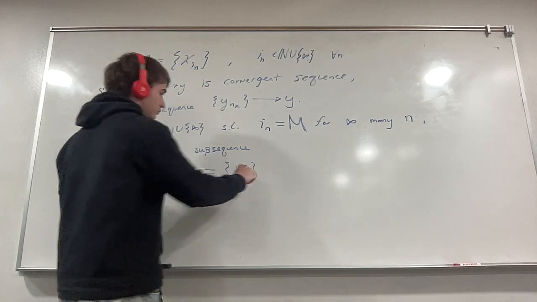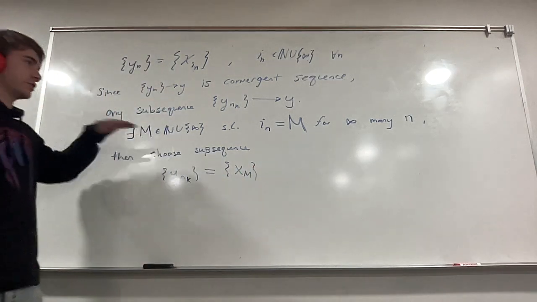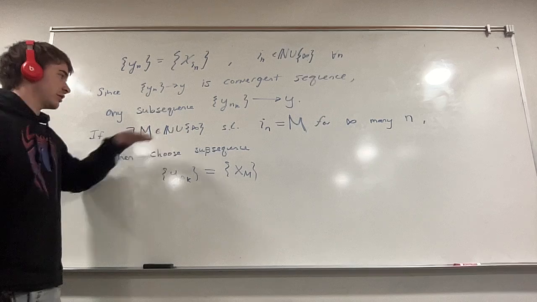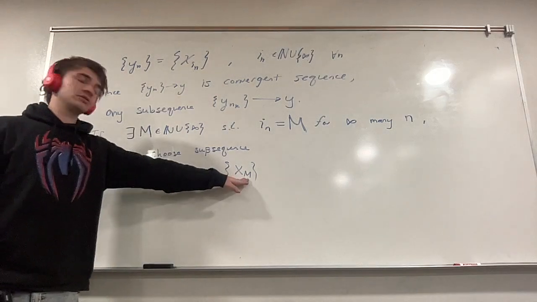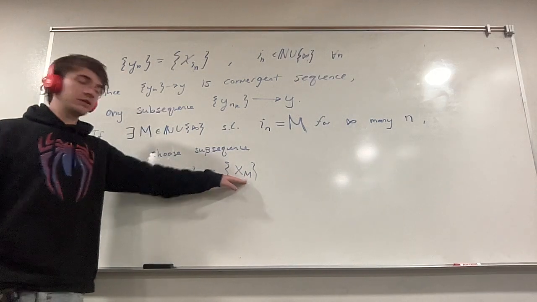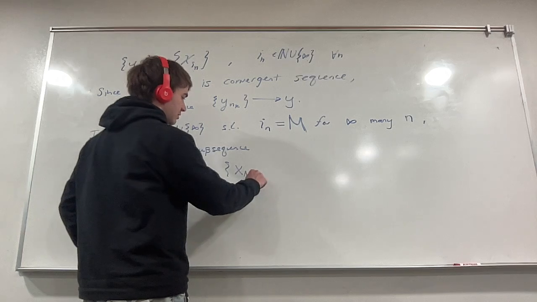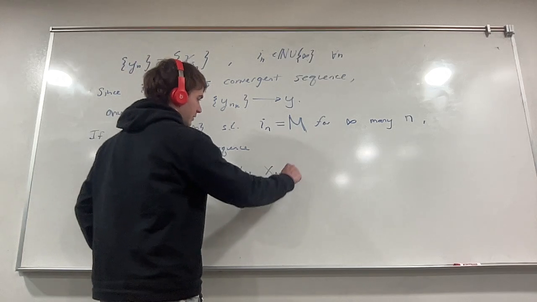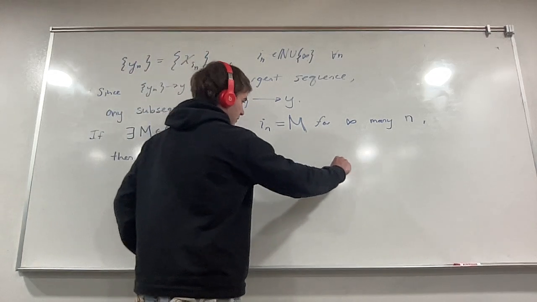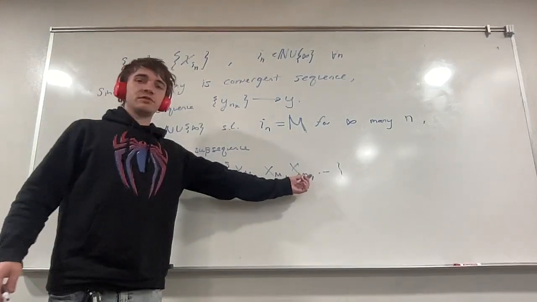So the point here is that if there's an index that recurs infinitely many times, then we can pass to a subsequence that's just that constant point. So this subsequence is going to look like x sub m, x sub m, x sub m, right? Because x sub m occurs infinitely often.